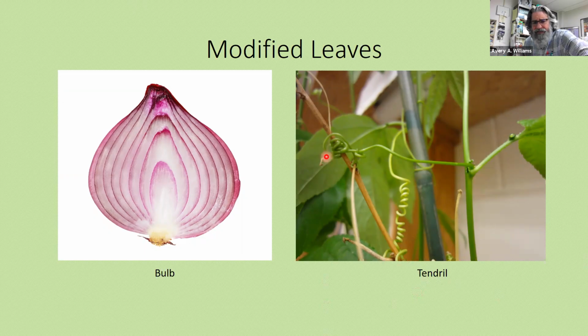This structure right here, you can see that it comes from a node, and it comes from an axillary bud, just like a regular leaf would, but there's no blade or lamina. It's basically all petiole. Its job is to support the stem, and that's the climbing plants. You have tendrils, okay? Those are modified leaves.